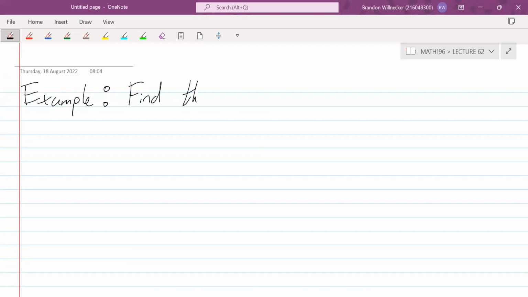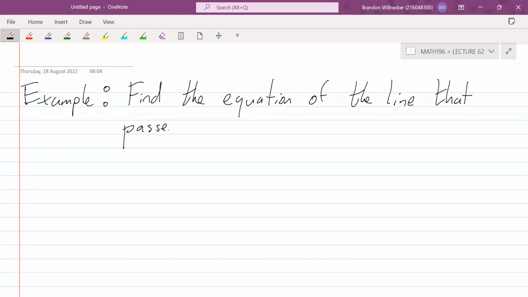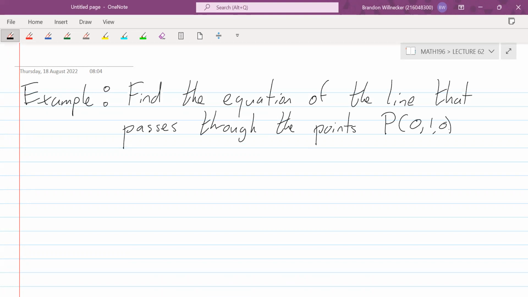Okay, so find the equation of the line that passes through the points P, let's say 0, 1, 0, and Q, let's say 1, 2, 3.